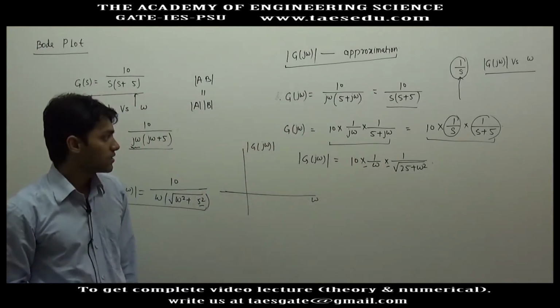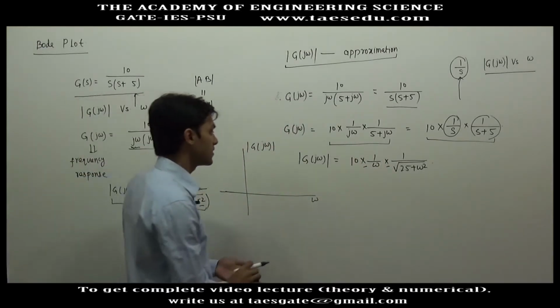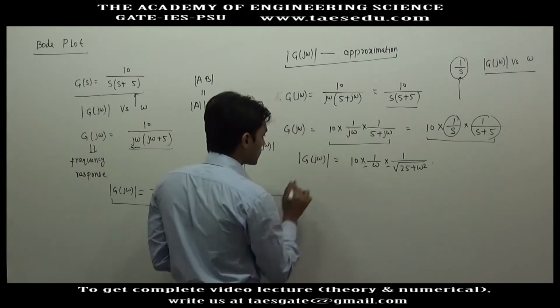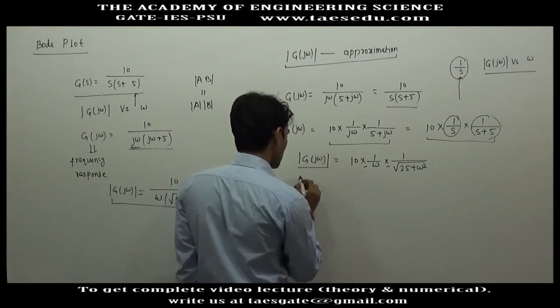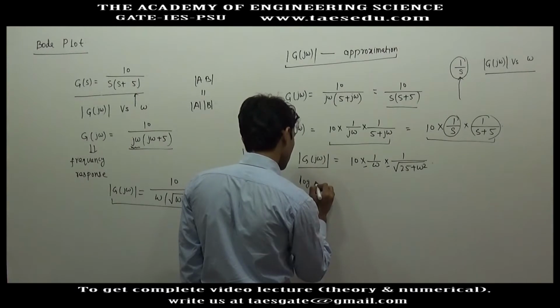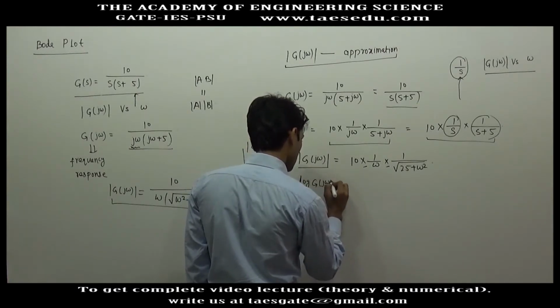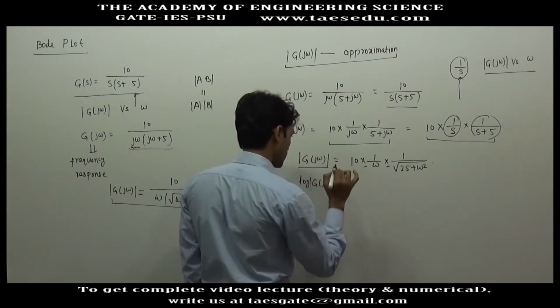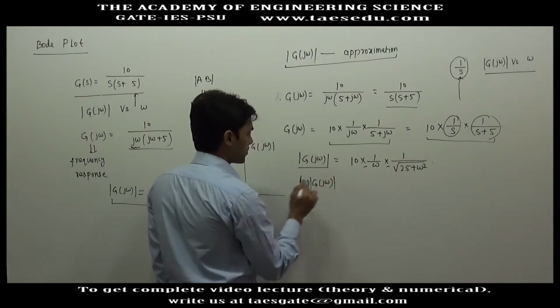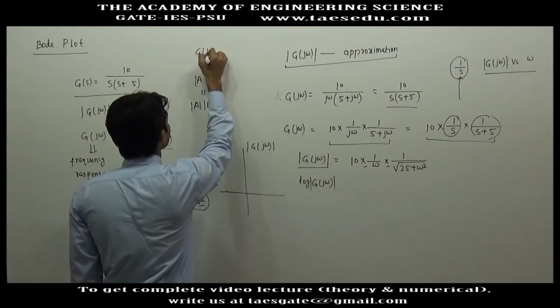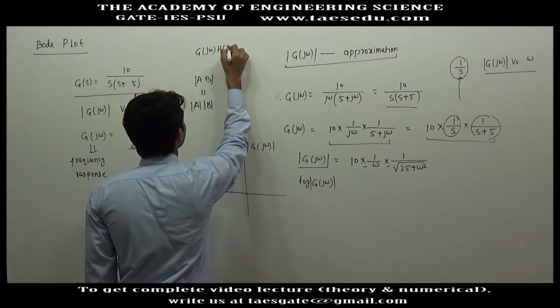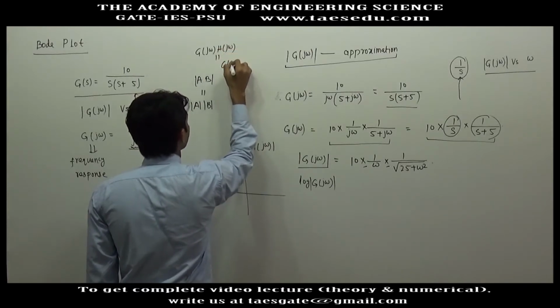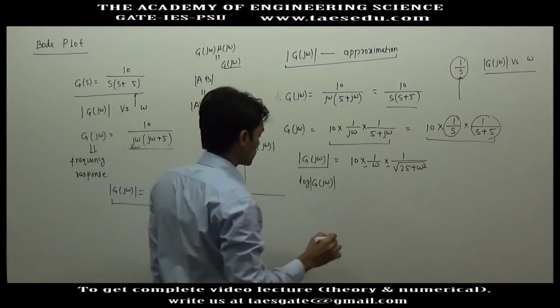Okay, that can be done very easily if instead of plotting magnitude of G(jω), you plot log of modulus of G(jω), or to G(jω)H(jω) I will write it G(jω) only.